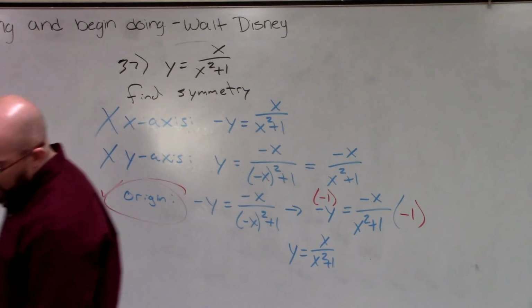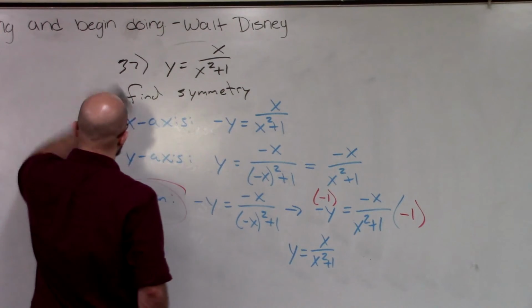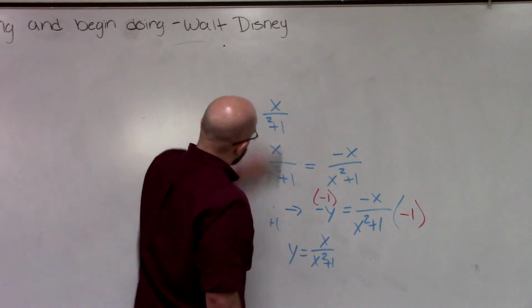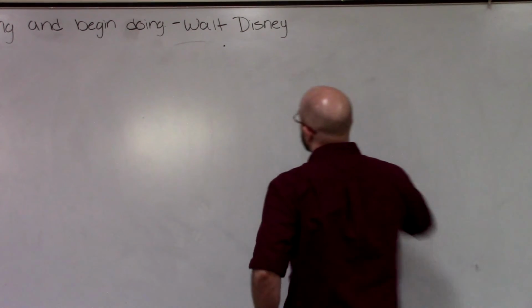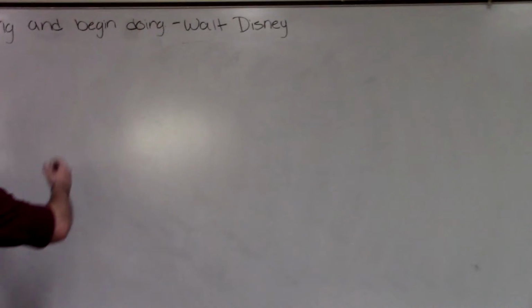So, the last part of the notes was circles. So let's do two examples in circles. The first example we're going to do is 71.